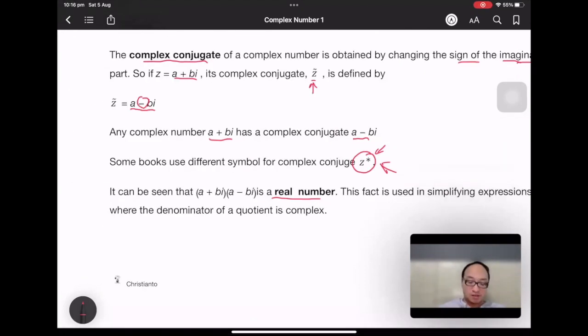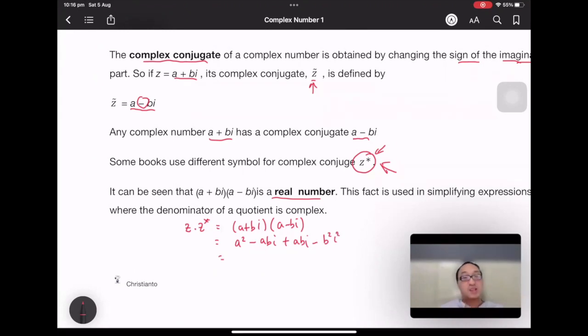In this case, we can see that z times its conjugate is a plus bi times a minus bi. So this is a squared minus abi plus abi minus b squared i squared.